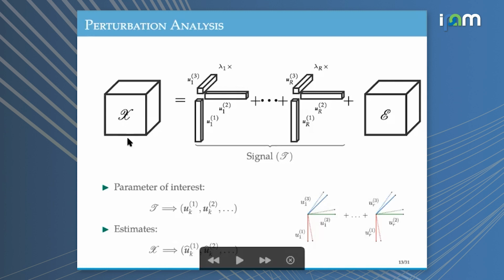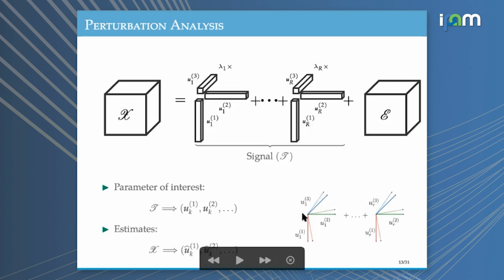But nonetheless, from a statistical point of view, let's just forget about computation for a moment. I should be able to derive these U_k hats by putting a hat on all of this. What this means basically is these U hats are functions of X. So this is basically a statistic.